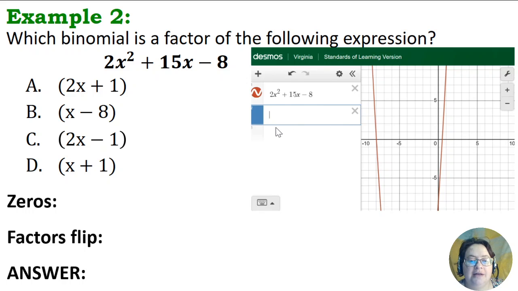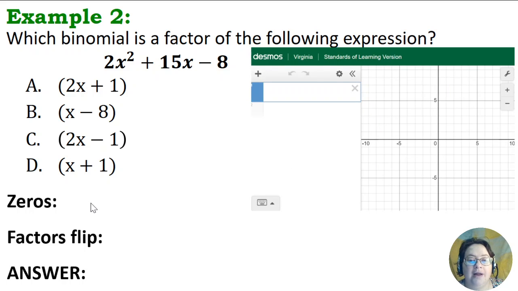I can type in 0.5 in my second box here and click that fraction circle, which gives me an answer, but the answer back is a fraction, the equivalent fraction of 1/2. So my zeros are going to be -8 and 1/2.